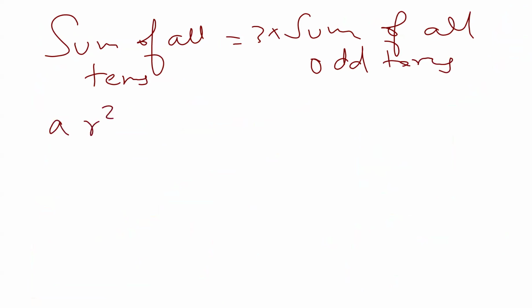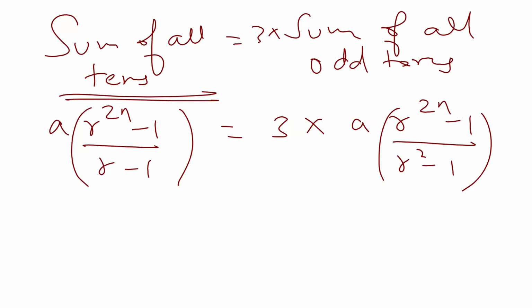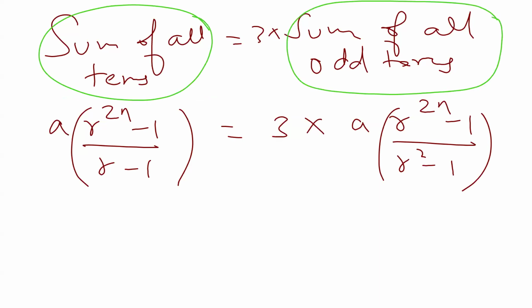So this is a r raised to 2n minus 1 upon r minus 1, and this is 3 into a r raised to 2n minus 1 upon r square minus 1. These two values we have already calculated. I taught you this. So a and a will get cancelled on both sides.